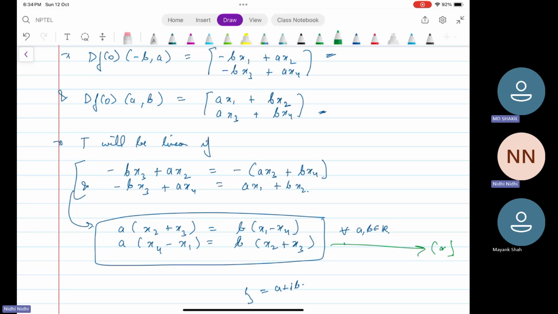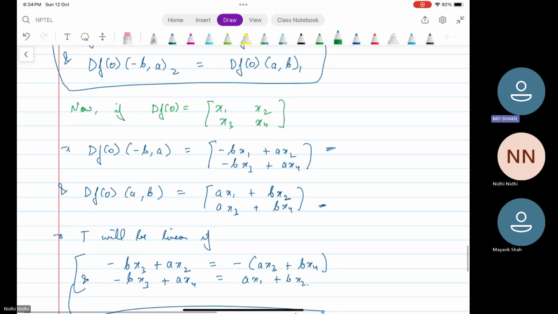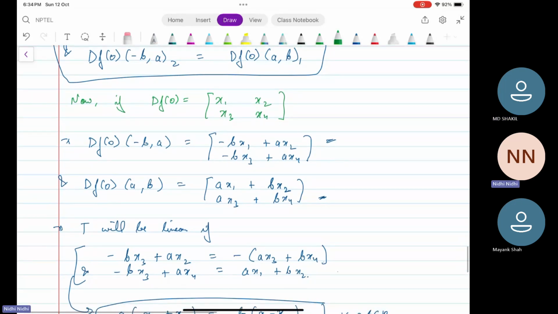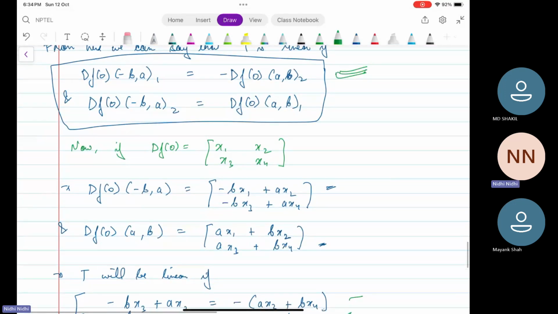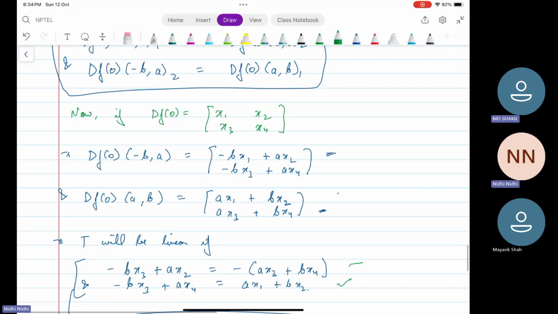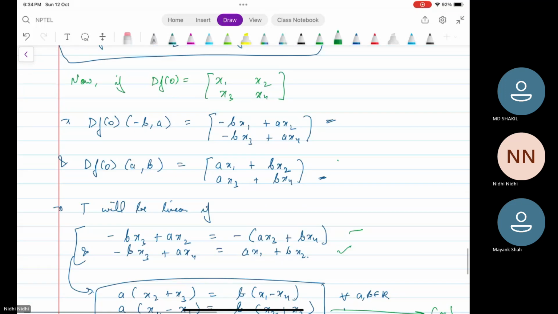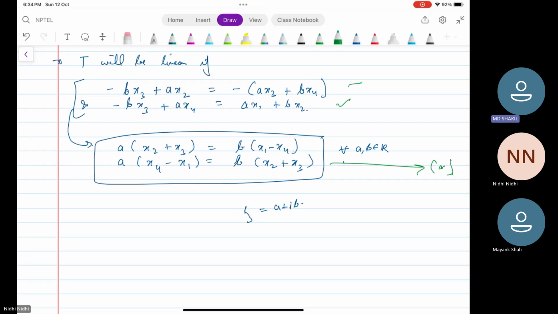Sorry, this is bx1 plus ax2, I think, the second equation, this one.